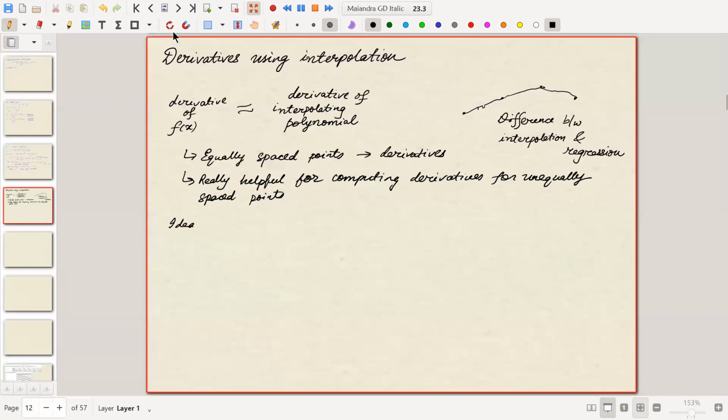First step, fit the interpolating polynomial according to your data set. After you fit the polynomial, you have the polynomial. Then you take the derivative analytically, and compute the derivative.